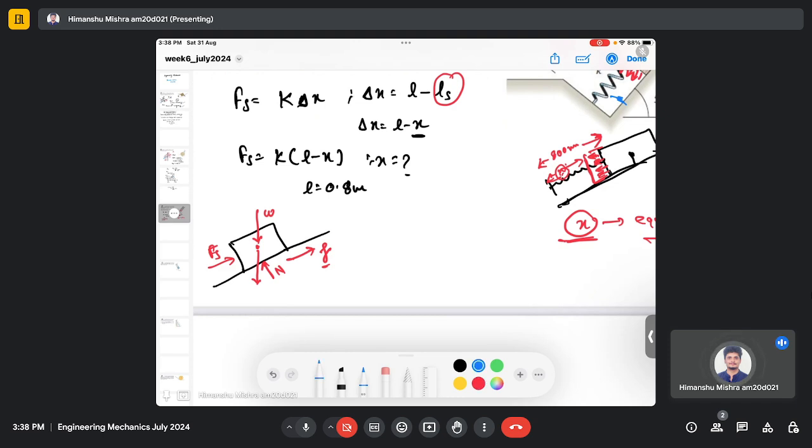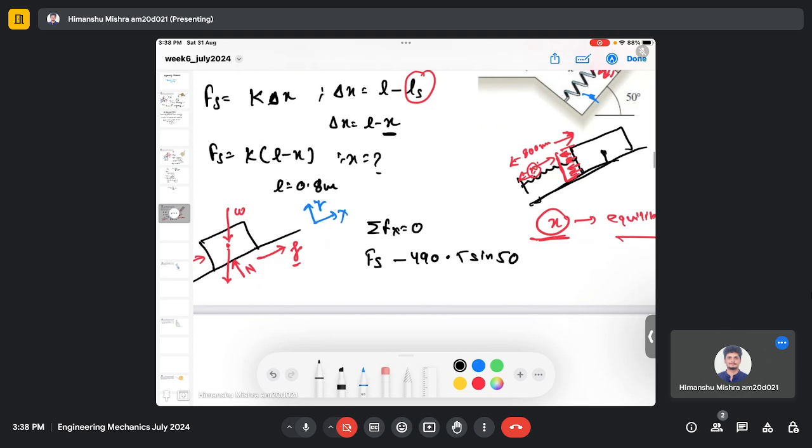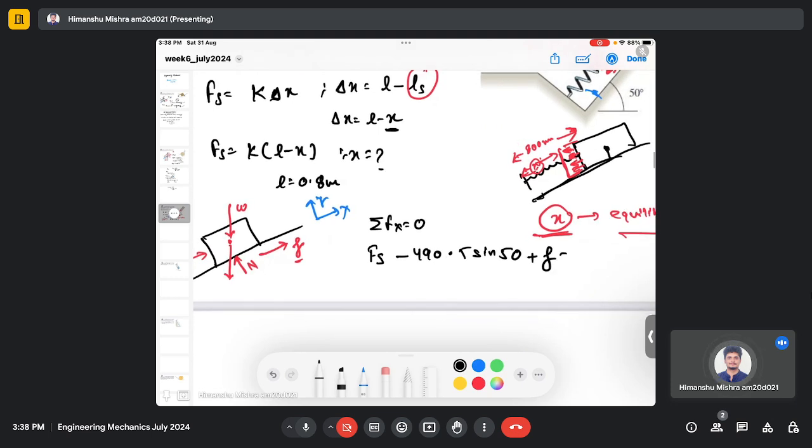My coordinate system looks like this, x, and this is my y direction. If I do the force balance analysis in the x direction, I have the spring force minus the component of the weight, which is 490.5 sine 50, plus the friction force equals 0.